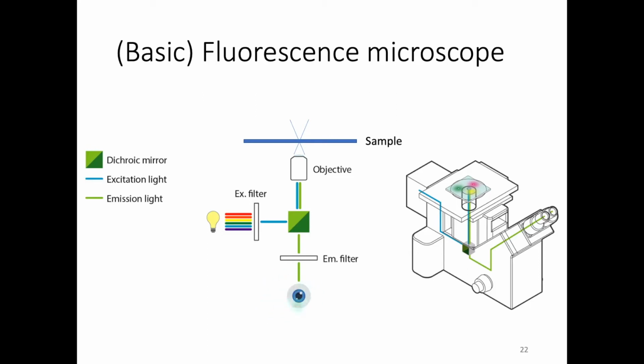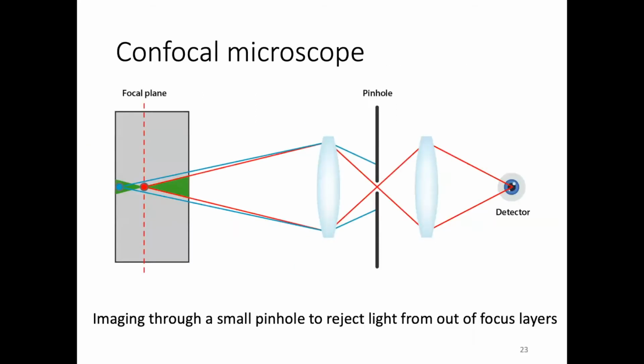So in this way, we can excite and observe through the same objective. The light goes up and down through the same objective, and it looks like this. So here we have our sample, and usually this is done either in an inverted or an upright configuration. Now you have microscopes that you can flip around, and those are really cool. But that's basically the basics of fluorescence microscopy.